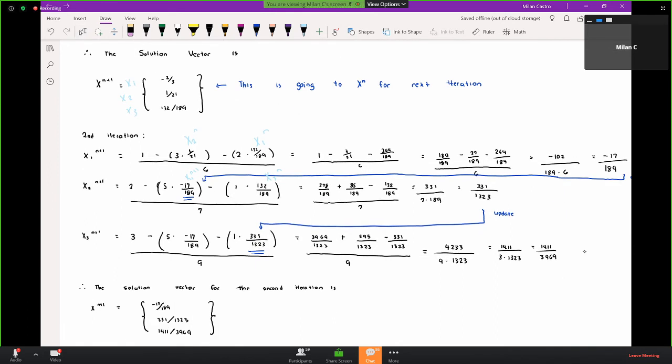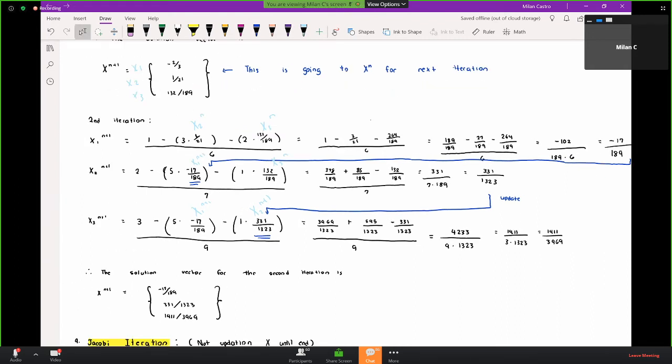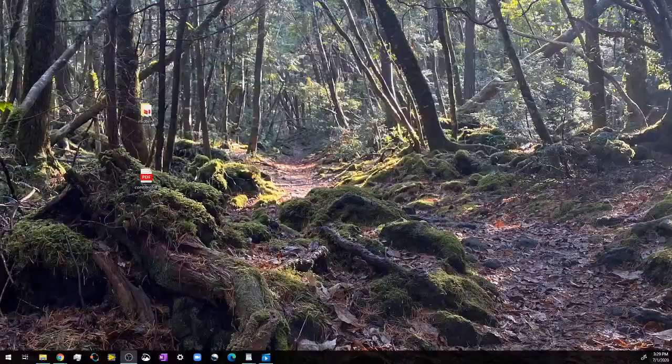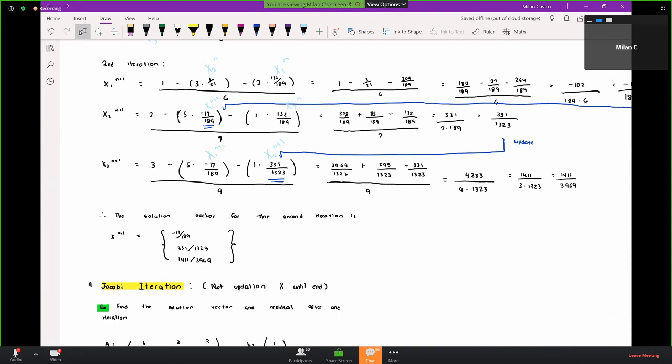And now you do your last update, so that means this is x1n plus 1, this is x2n plus 1. So just make sure to update, and once you simplify, you end up getting your solution for x3 to be 1411 over 3969. So that's how we find our second iteration.